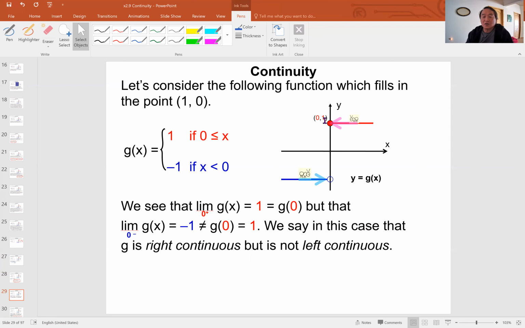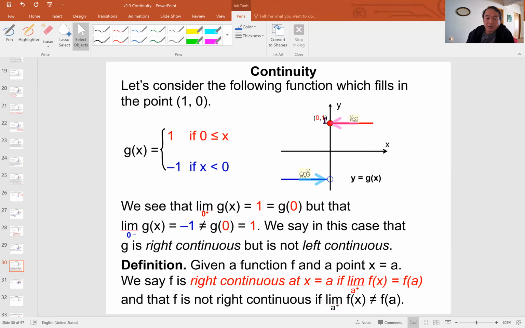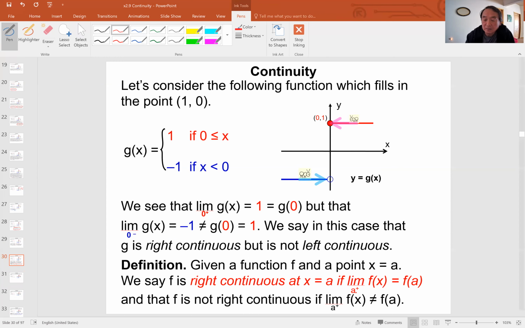So we say a function is right continuous if the limit of the function coming from the right-hand side of the number is equal to the function value you plug in. The picture is exactly that.